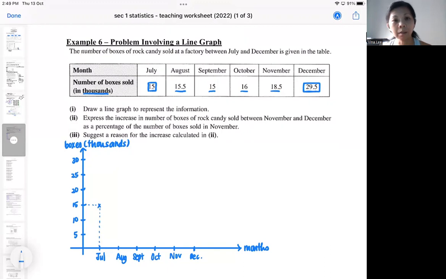A bit like plotting. Then 15.5, a little bit higher. Then back to 15. And a little bit higher, 16. On the graph paper, it'll be much easier. Then 18.5, and suddenly we got a 29.5.